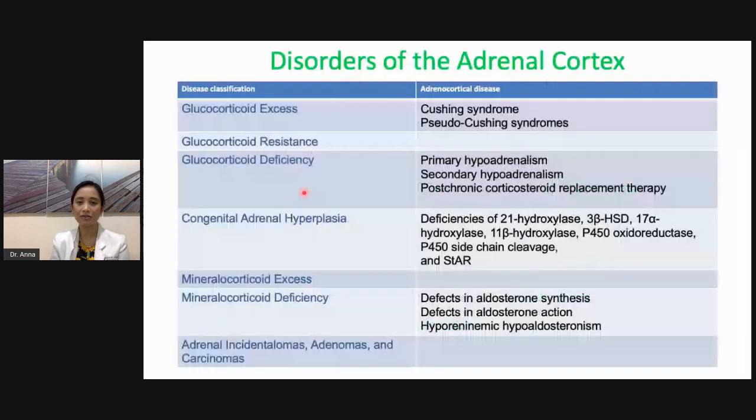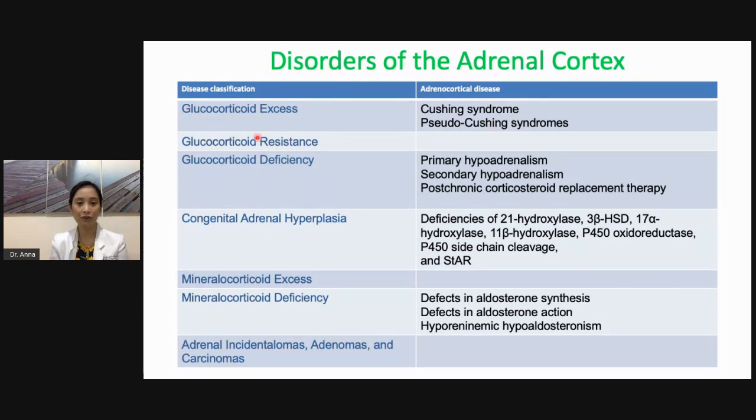The disorders of the adrenal cortex follow the general pattern in endocrine disorders. So you have hormone hypersecretion, or excess, hormone deficiency, and hormone resistance. For each layer, you can have any of those. You can have glucocorticoid excess, and the prototypical syndrome is Cushing syndrome, and there are also others, pseudo-Cushing syndromes.